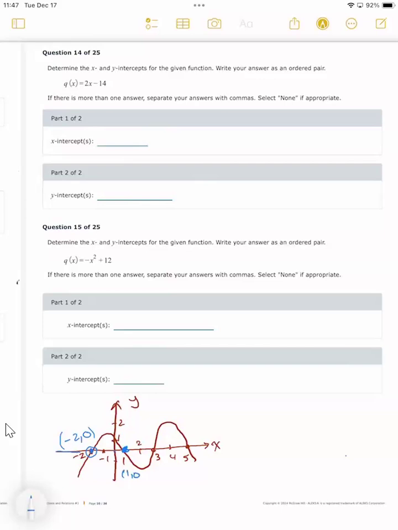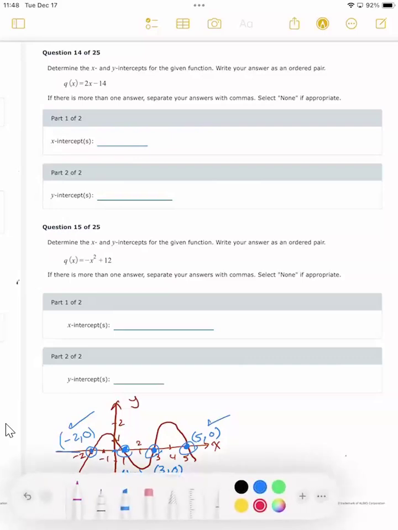Then this one. This point has an x value of 3, and its y value again is 0. And lastly, this one, its x value is 5, y value is 0. So the blue dots are the x-intercepts.